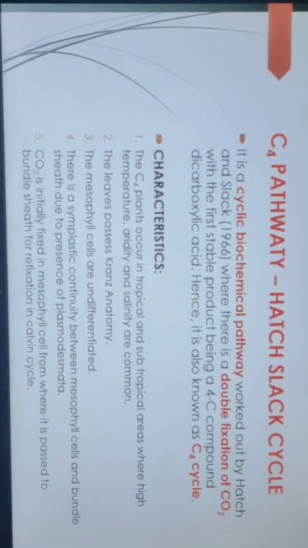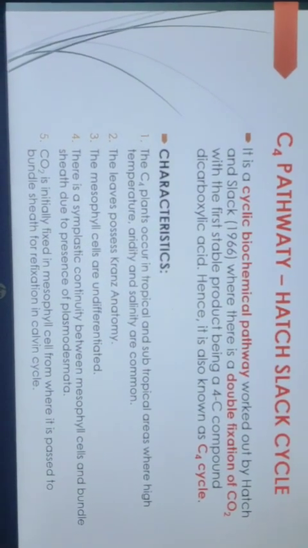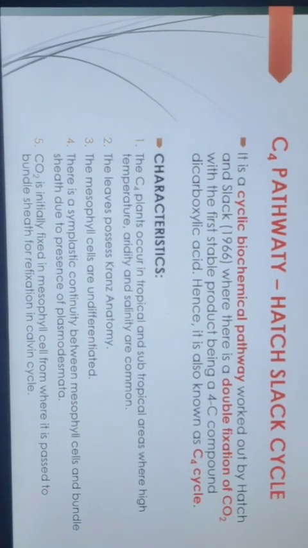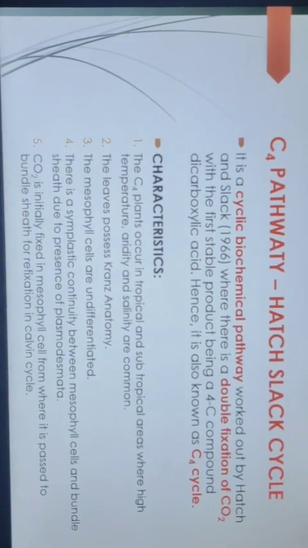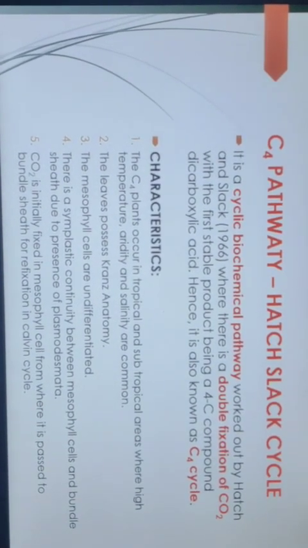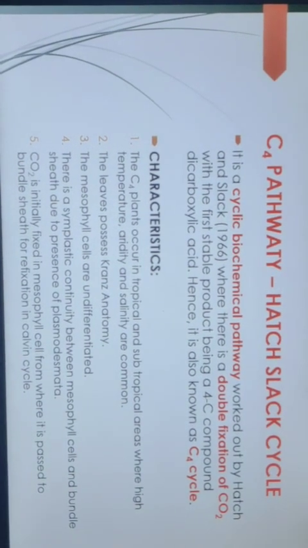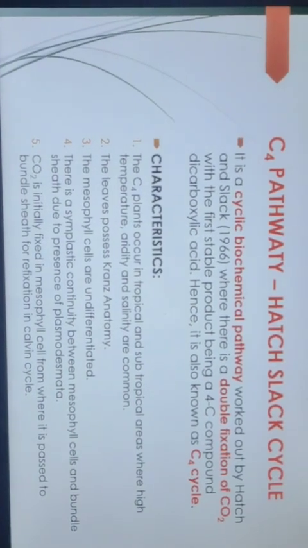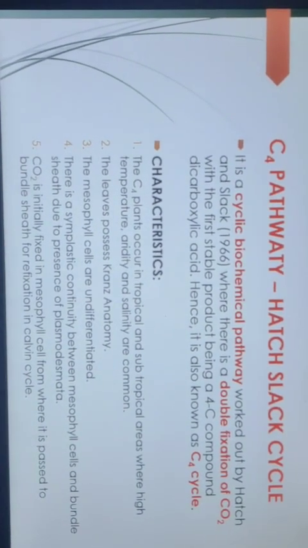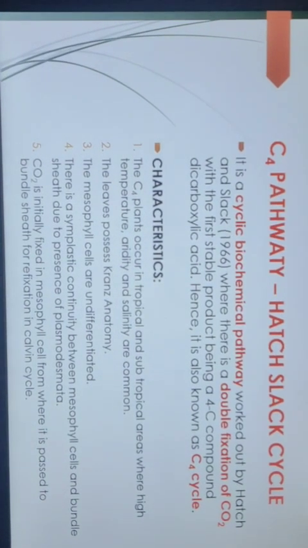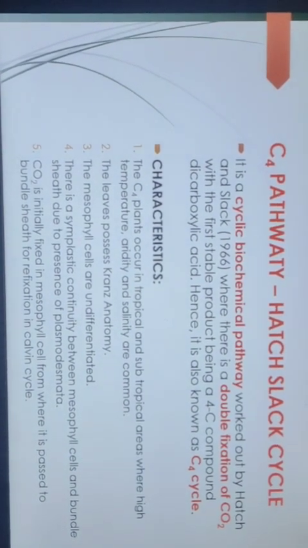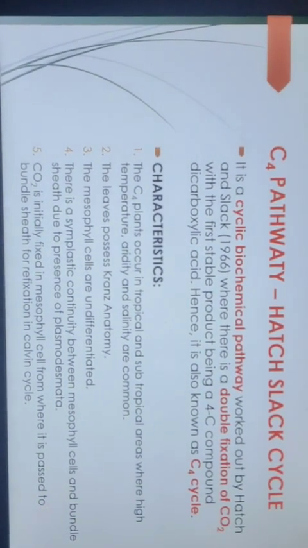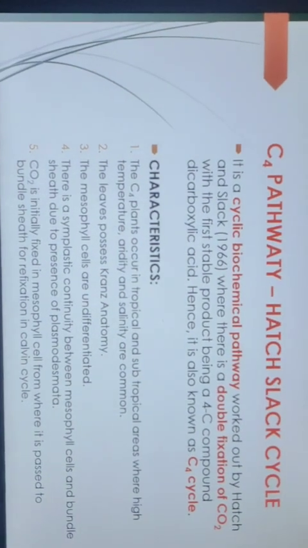The definition is, it is a cyclic biochemical pathway which was worked out by the scientists Hatch and Slack in the year 1966, where there is a double fixation of carbon dioxide with the first stable product being a 4-carbon compound, that is dicarboxylic acid. So hence it is also known as 4-carbon cycle or C4 cycle, as a 4-carbon compound is formed.